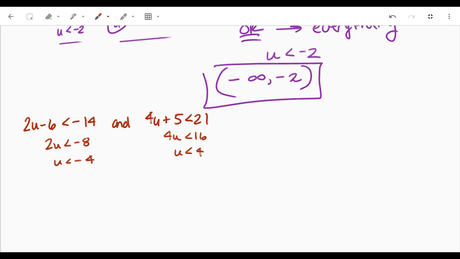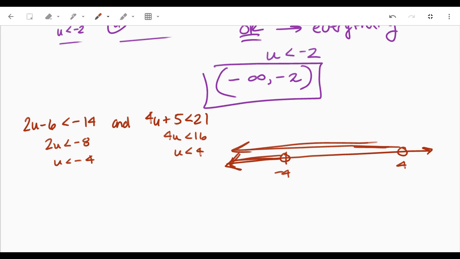Okay, so your number line again, I'm not going to show all the values there, but we would have u is less than -4, and u is less than 4. So open circle there, and that would also be shaded to the left. I'm trying to not overlap here.